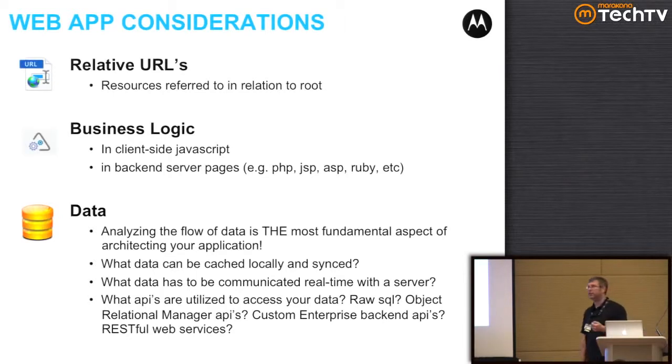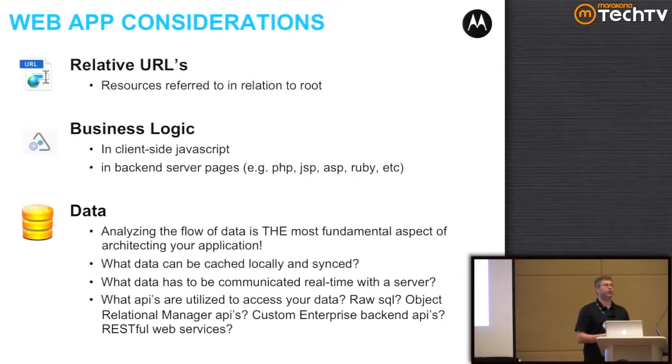What APIs do you use to access your data, right? Are you using raw SQL statements to access your data from your back-end systems, right? Or from your business logic, right? Do you have an object relational manager that you're using? Do you have custom enterprise back-end APIs like BAPIs or something for SAP that you're using, right?